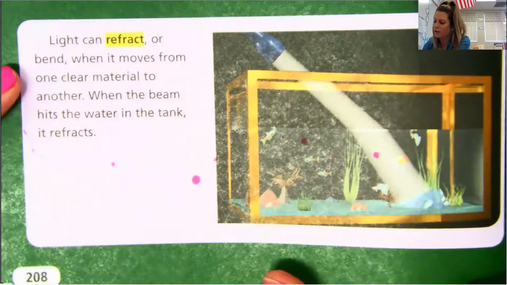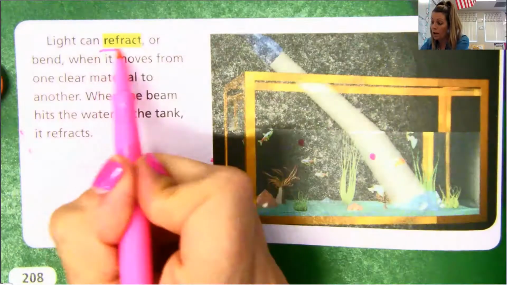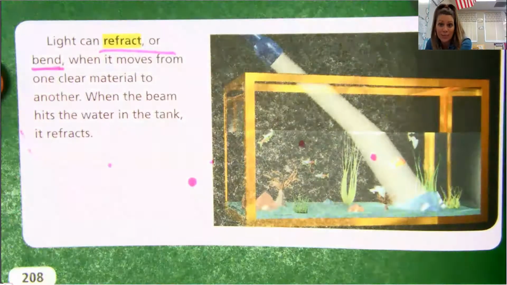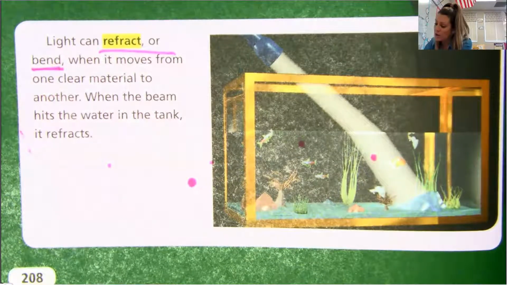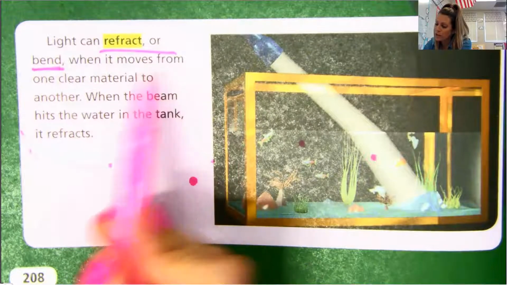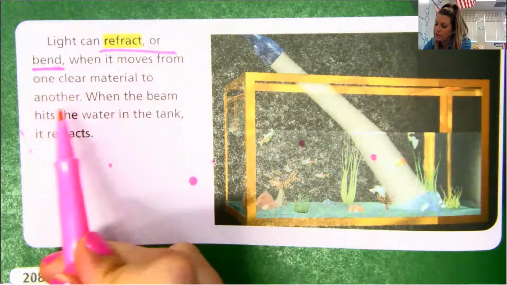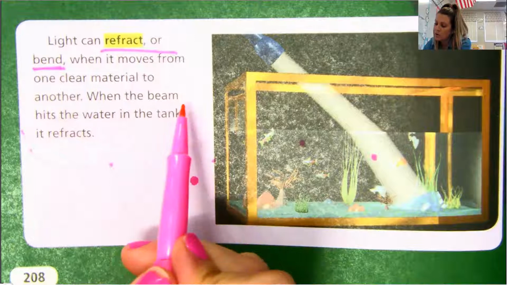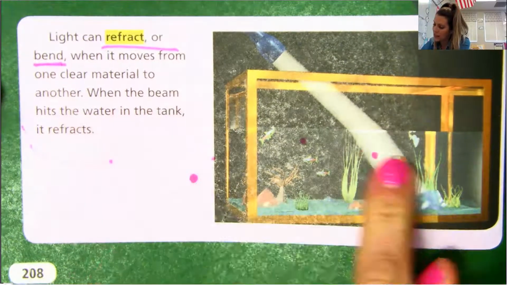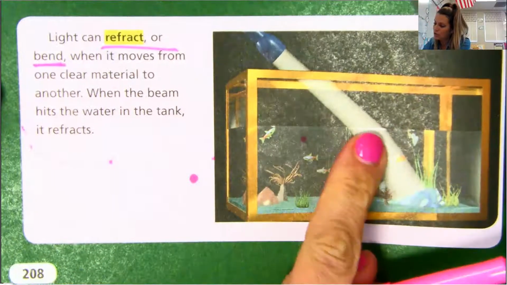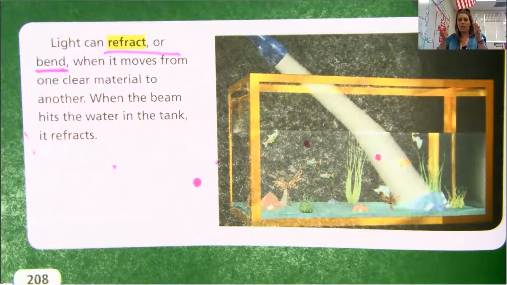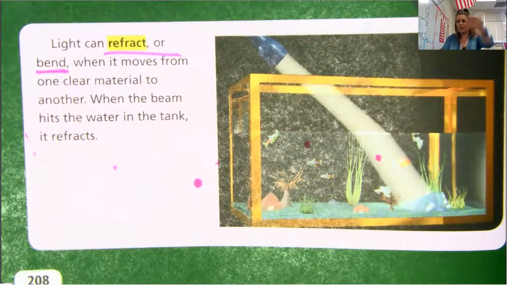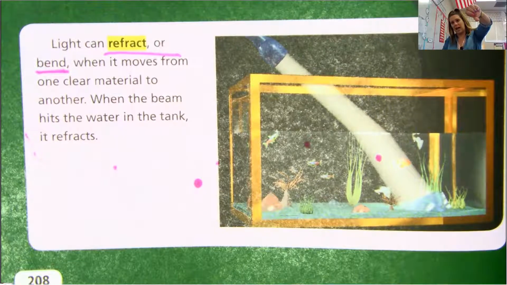Light can refract or what? Bend. Did you know light can bend? When it moves from one clear material to another. When the beam hits the water in the tank, it refracts. So we know light travels in a what? Straight line. So they're holding this flashlight down like this.